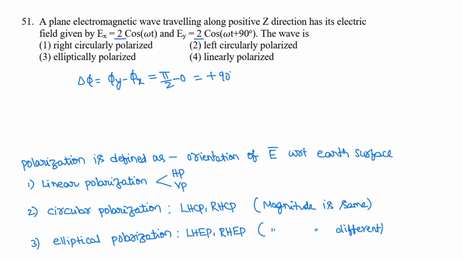Hence, the field is rotating in clockwise direction with the same magnitude, that is circular polarization. Hence, it is a left hand circularly polarized EM wave. The correct option is 2. Next question.